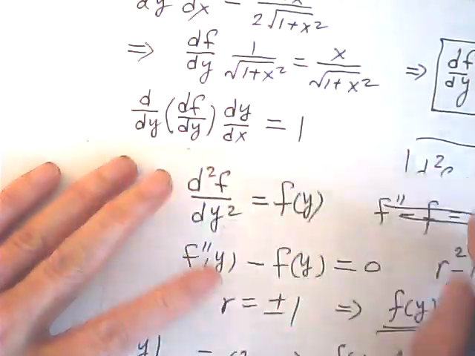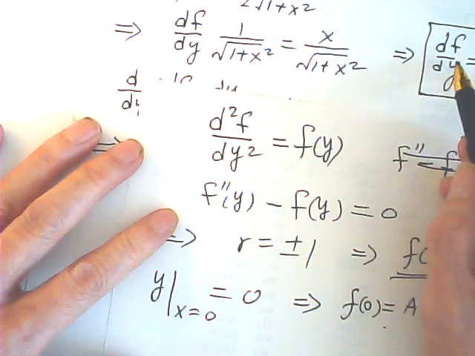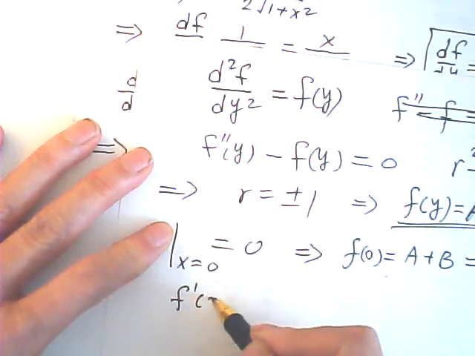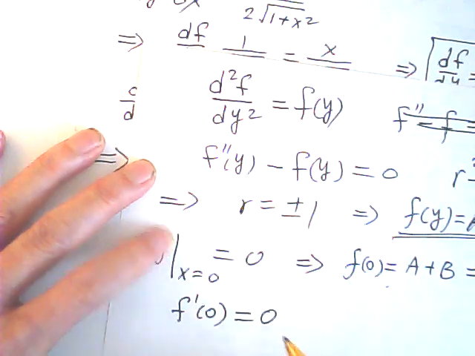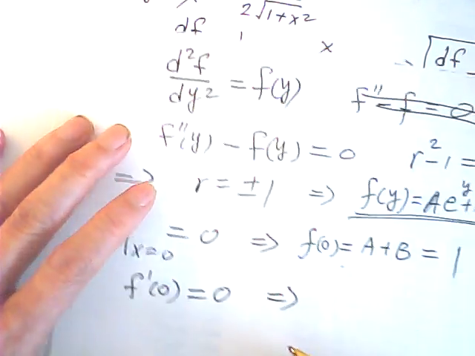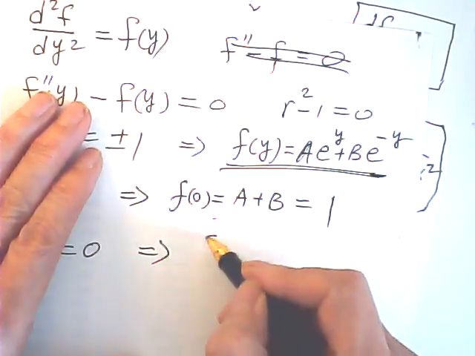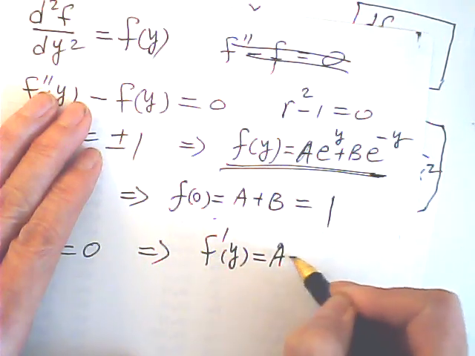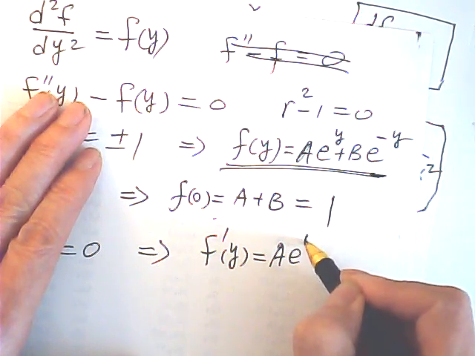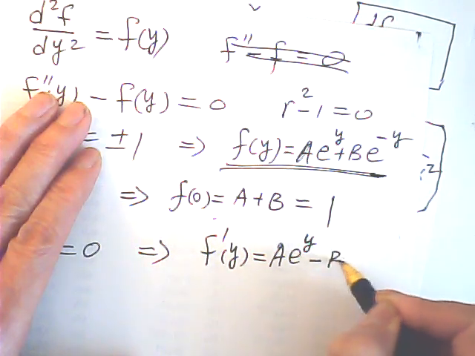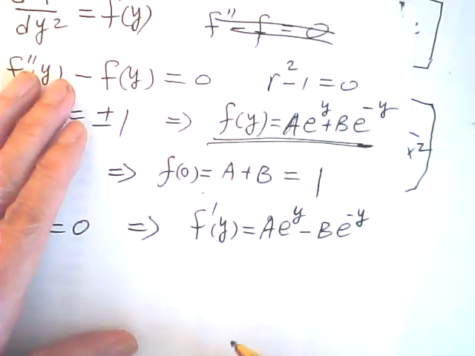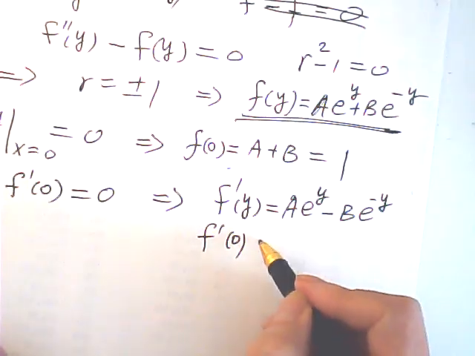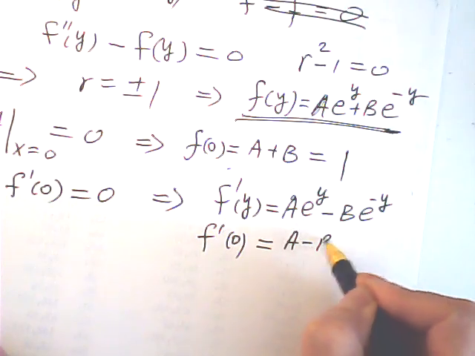Also, we know that the first derivative, when x is equal to 0, is 0. y is equal to 0. So this means that we take the derivative, which is equal to a e to the y minus b e to the negative y. And when y is equal to 0, this will be equal to a minus b equal to 0.